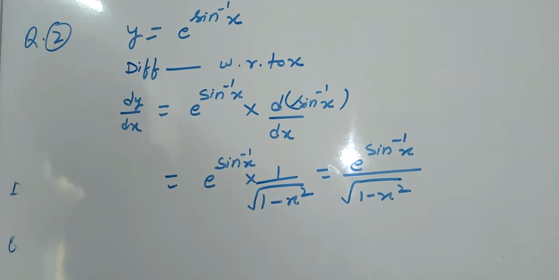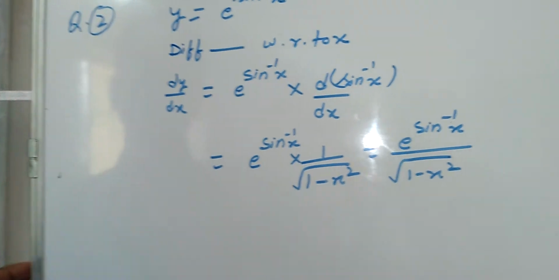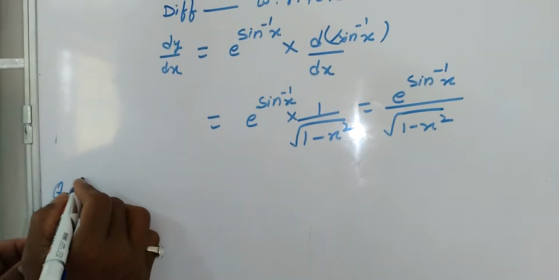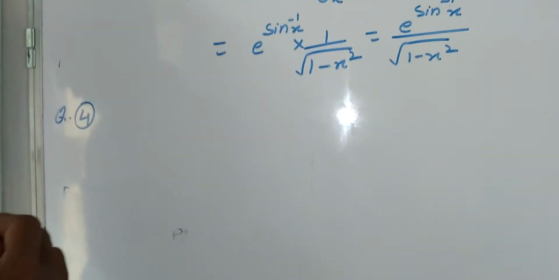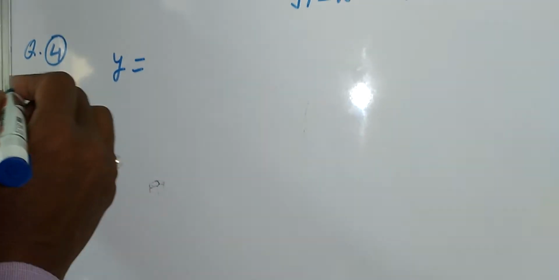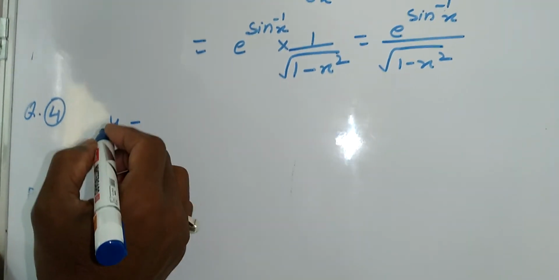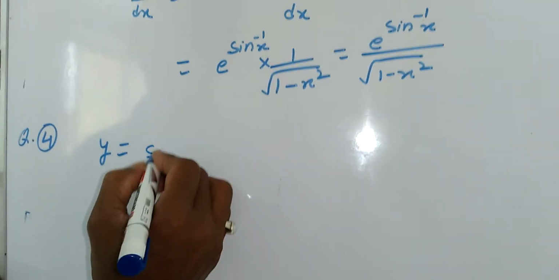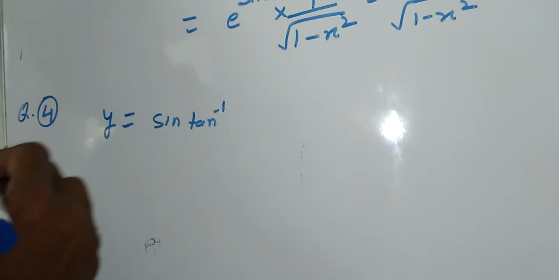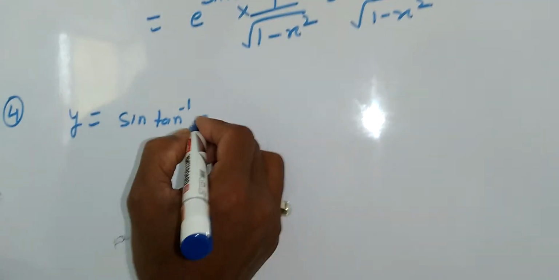Now next, question number 4. Again we have to find the derivative of sin tan inverse e to the power minus x.